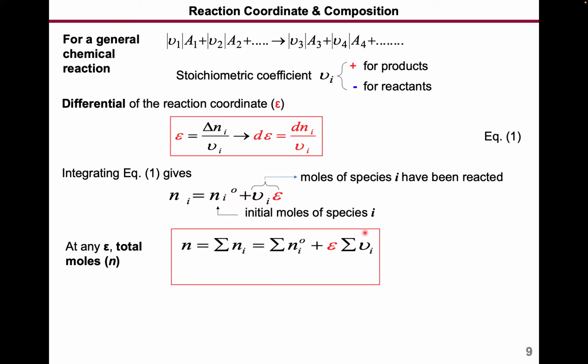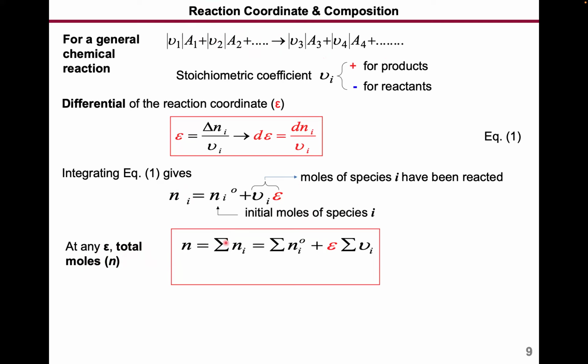All right, so at any epsilon reaction coordinate, you know how to find Ni. And then you can also find out the total N, the total moles of all the species added together inside the reactor.